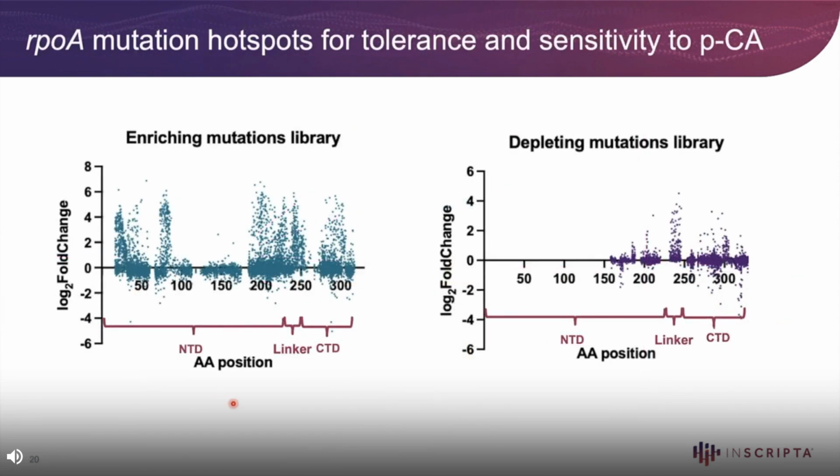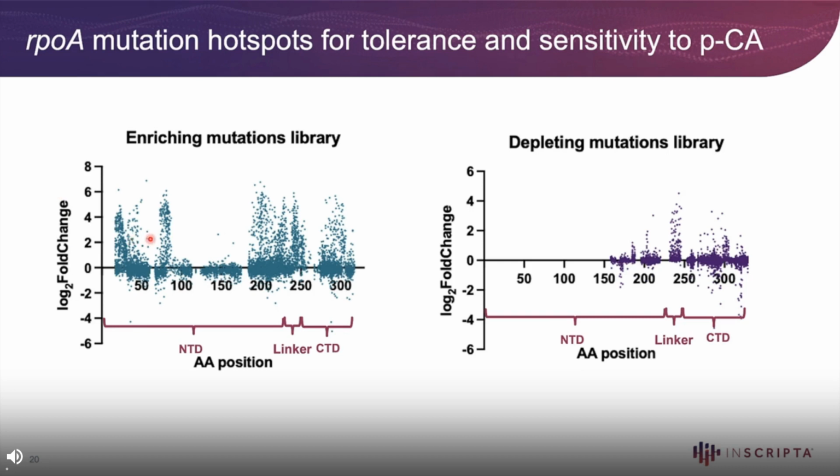Shown here on the left is the results from the enriching mutations library, and then shown on the right is the results from the depleting mutations library. I again put in the sections which correspond to the N-terminal domain, the linker, and the C-terminal domain. Shown here on the y-axis, we're looking at the log 2-fold change of the highest concentration of Coumaric acid, 3 mg per mil, over the DMSO control.